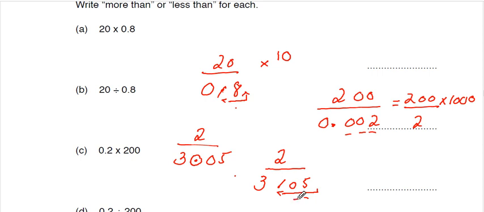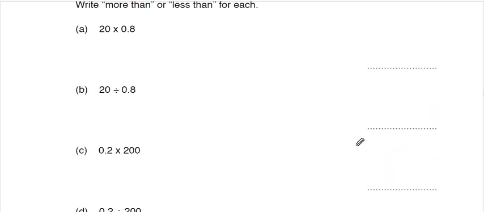Two numbers, 1, 2. That means 2 tens, so I'm just multiplying by 100. That is 2 tens in the top, and that's all. So I have 200 in the top and 305 in the bottom, because now the decimal has been removed. Now you can simply divide to get your answer.